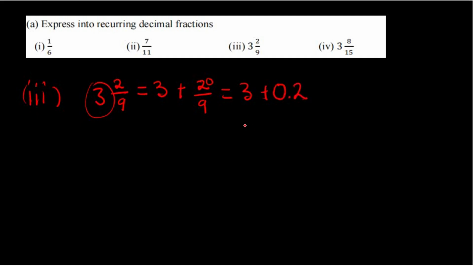9 into 20 enters 2 times, remember 2, because it can only enter into 18. Then 9 into 20 again will be 2. So 2, 2, 2, it keeps moving like that.